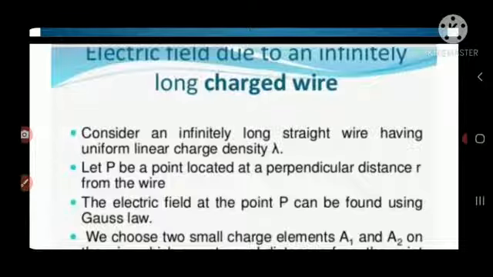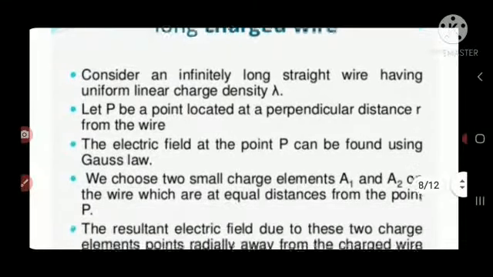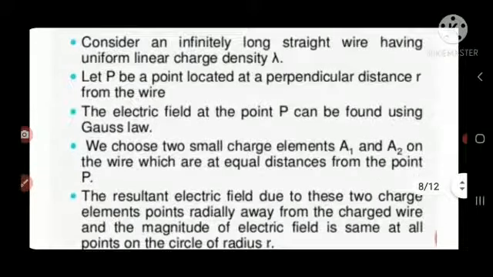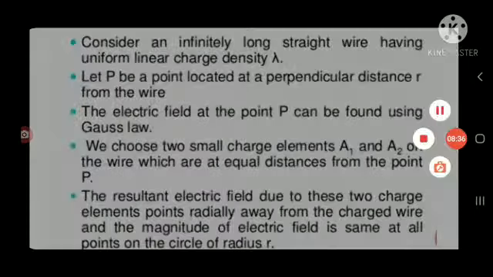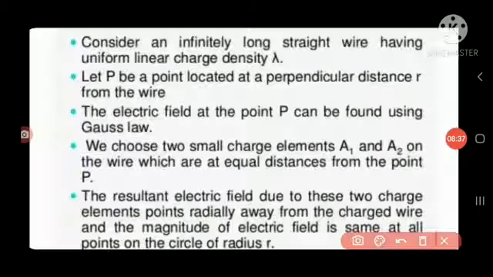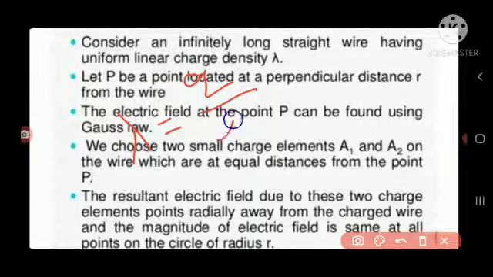Let us consider an infinitely long straight wire having uniform linear charge density lambda. What does it mean? See, linear charge density is lambda. That indicates that lambda is equal to charge q by length L.